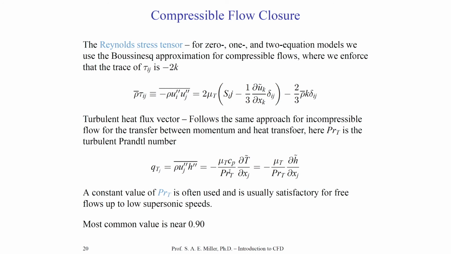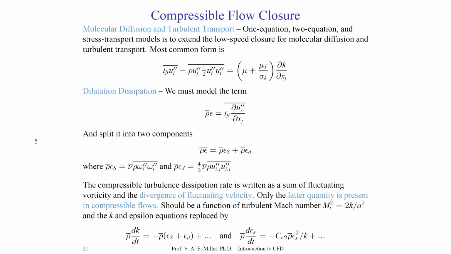There's something called Fourier's law of heat conduction, which we basically use to approximate through dimensional analysis this particular triple correlation term. Other terms to look at are the molecular diffusion and turbulent transport terms, the dilatation and dissipation term, and we would split these particular terms into 2 components.